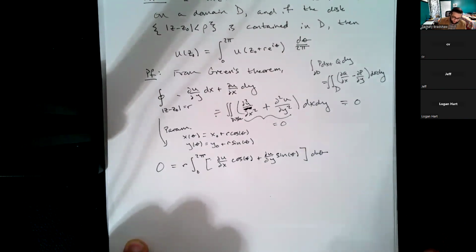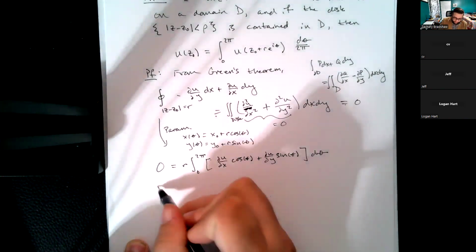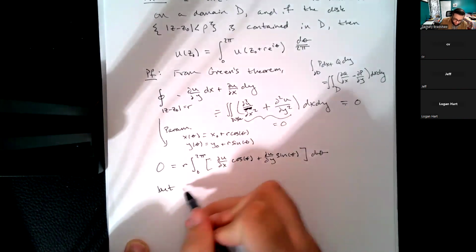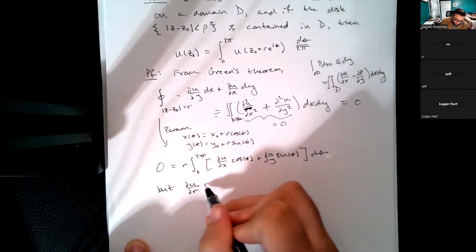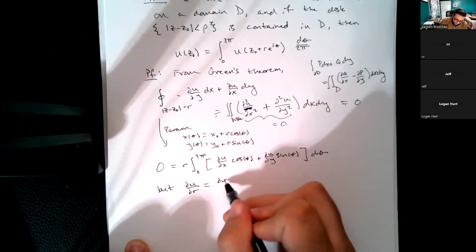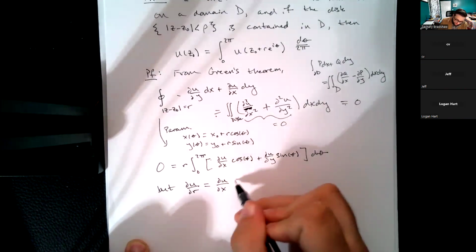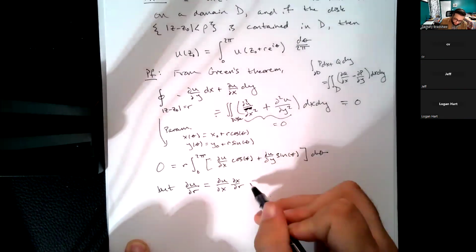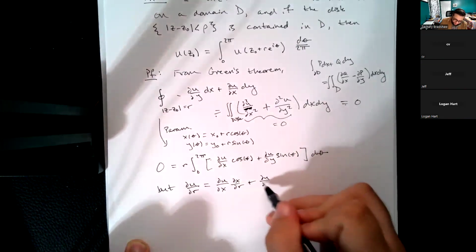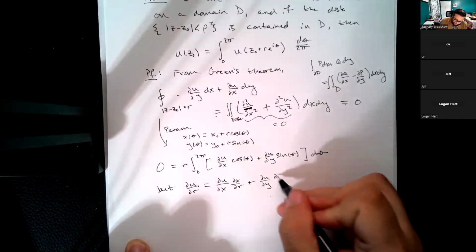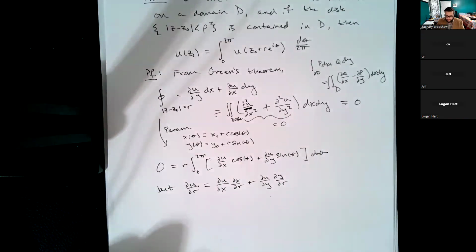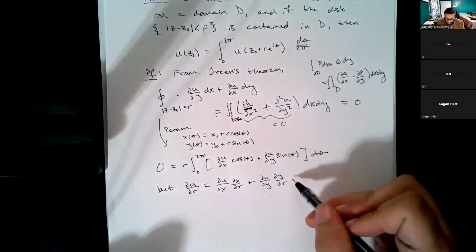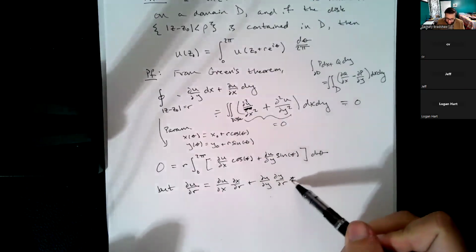Okay, but remember that du/dr is the same as du/dx dx/dr plus du/dy dy/dr, which is again this.